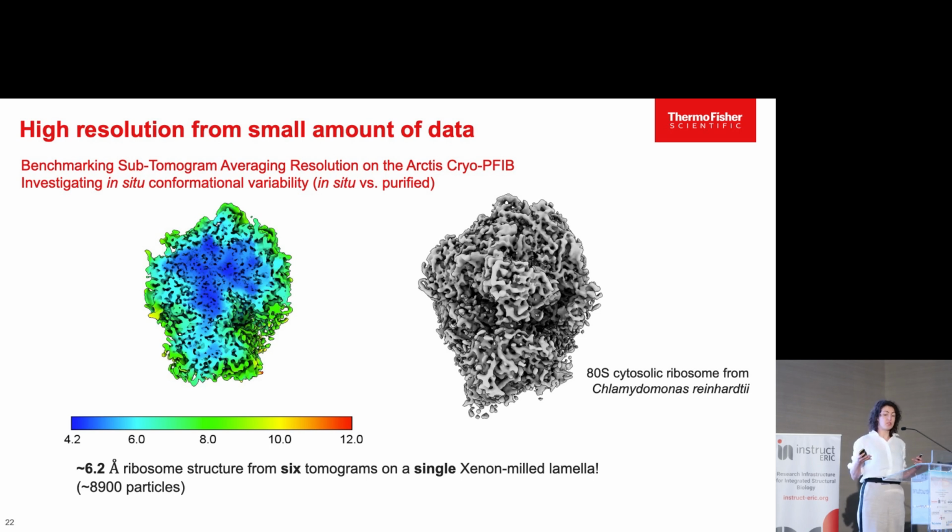That allows us to generate data and then subtomogram average structures of our specimen of interest, such as this ribosome, to potentially very biologically informative resolutions. This ribosome structure, which was solved in its native environment inside the cell, is at 6.5 angstroms from just 6 tomograms on these lamellae. So I think it's a really impressive approach.